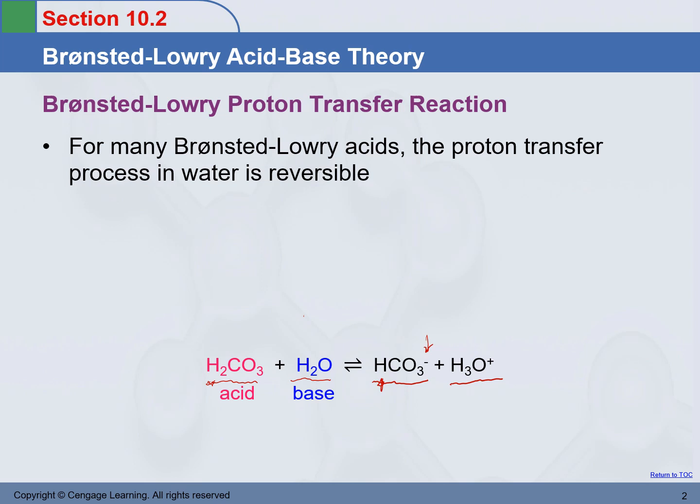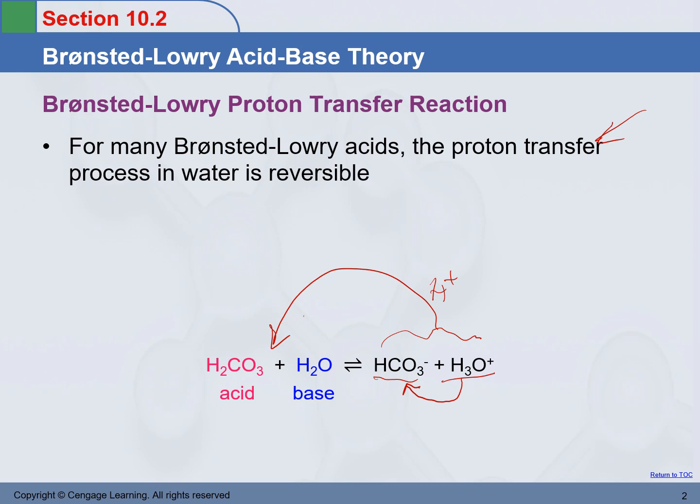All right. Now, as it is saying here, the process is reversible. So let's look at the reverse process to go from these two back to the original two substances. What has to happen? Can you see that in order to go from right to left, a proton must be transferred from hydronium ion to the bicarbonate ion?